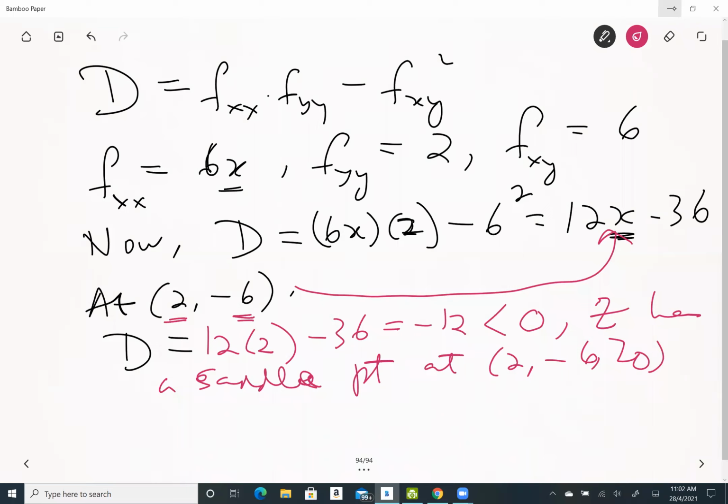So now you repeat the test for the other point. Okay, what is the other point? The other point is 4, -12. So at 4, -12, what is the value of D?